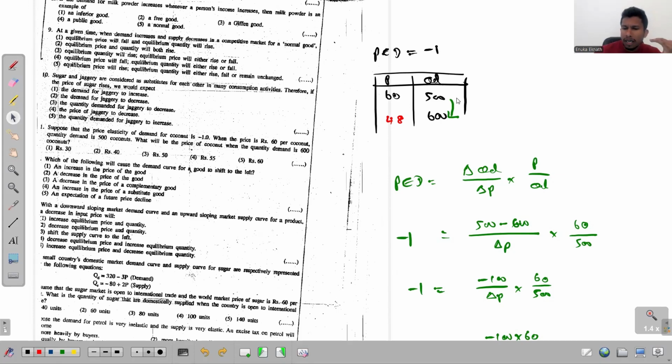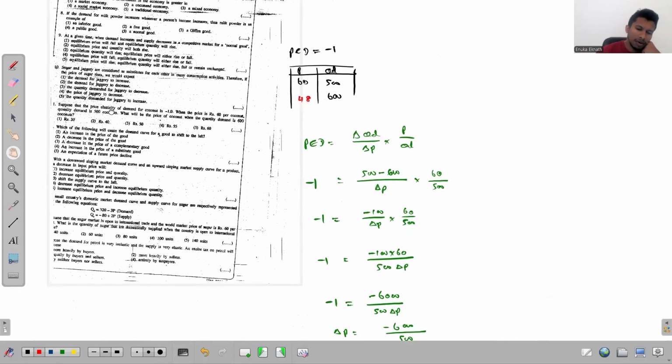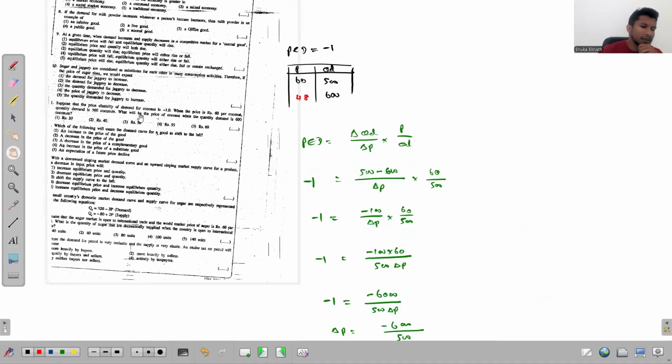Right? Now just tell me, or just think, why do we say that this rupee amount, this new price 48 is wrong? Why is it not given to us as an option?